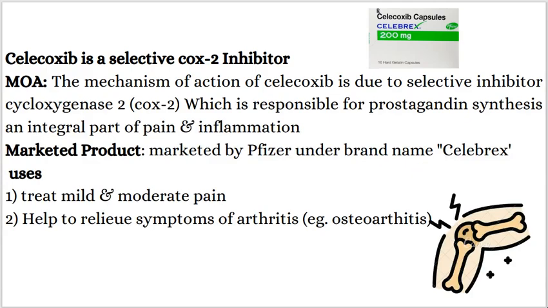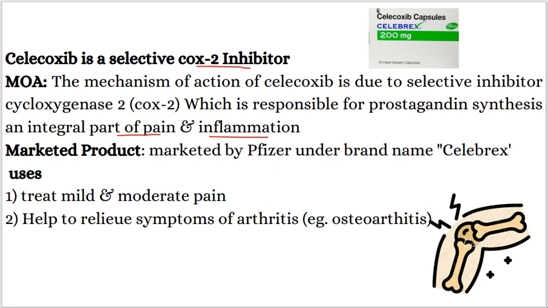This is very simple. Celecoxib is a selective COX-2 inhibitor. The mechanism of action is due to the selective inhibition of cyclooxygenase 2, which is responsible for prostaglandin synthesis, an integral part of pain and inflammation. So celecoxib is an anti-inflammatory drug, an NSAID we can say.